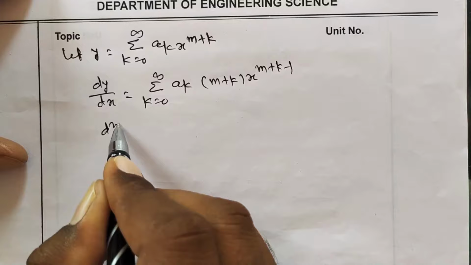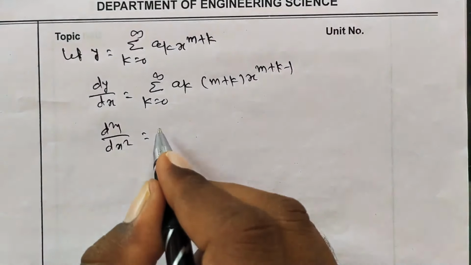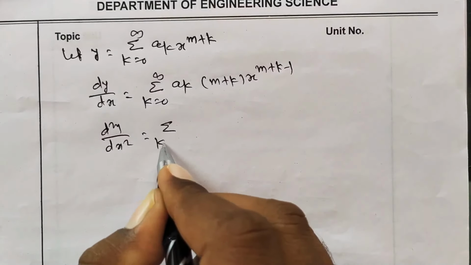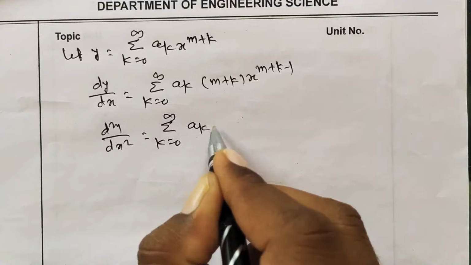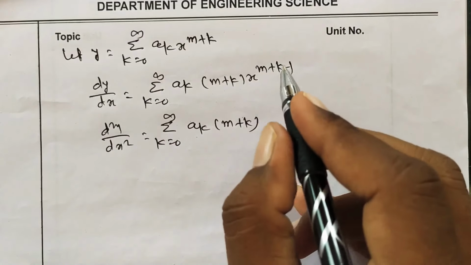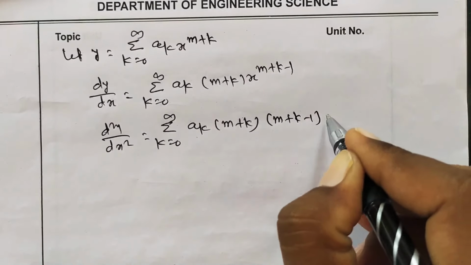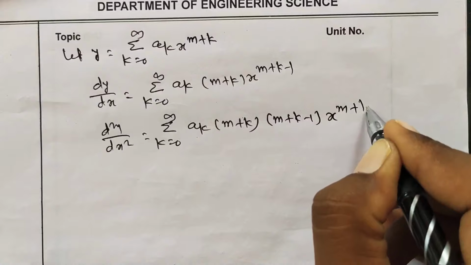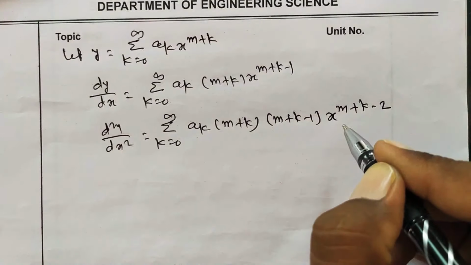And again if you take the double derivative of this, that is d2y/dx² = summation of k from 0 to infinity a_k (m+k), derivative of x^(m+k-1) is (m+k-1) x^(m+k-2).